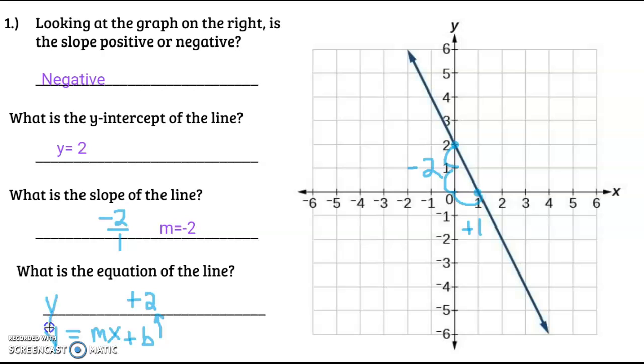My y equals stays the same, my x stays the same, and my slope is m, which is what I wrote above, and I'm going to put that in place of m down here. So this equation is y equals -2x plus 2. You can write it on the line over here. y equals -2x plus 2, and that's how you will label that line. There we go. Okay, so that's the first question.